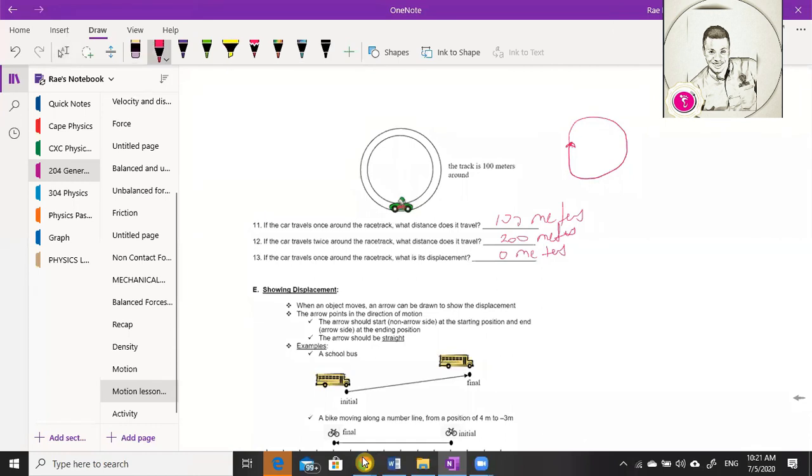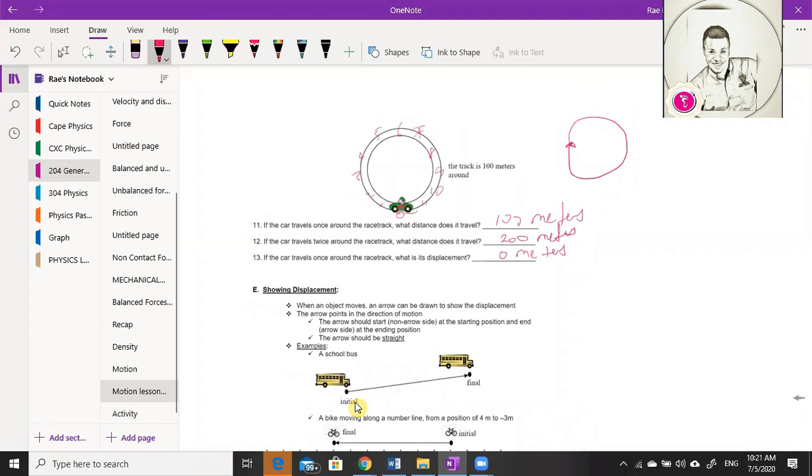Yes. So if you had almost like a meter ruler, imagine that this is 0 on your ruler, and you traveled 1, 2, 3, 4, 5, 6, 7, 8, 9, 10, 11, and you come back to 0 here.